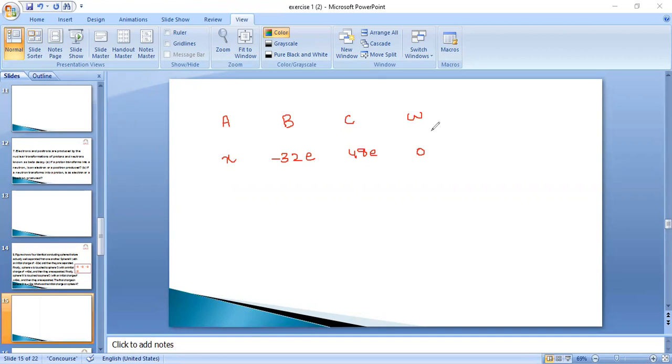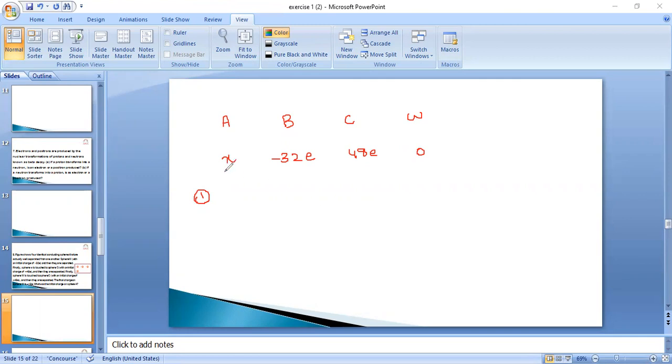It was given here that there are 3 cases. In the first case, the body W is kept in contact with body A. When both are kept in contact, what will happen? One is a charged body and the other one is an uncharged body. When both are kept in contact, both of them will share the total charge equally.